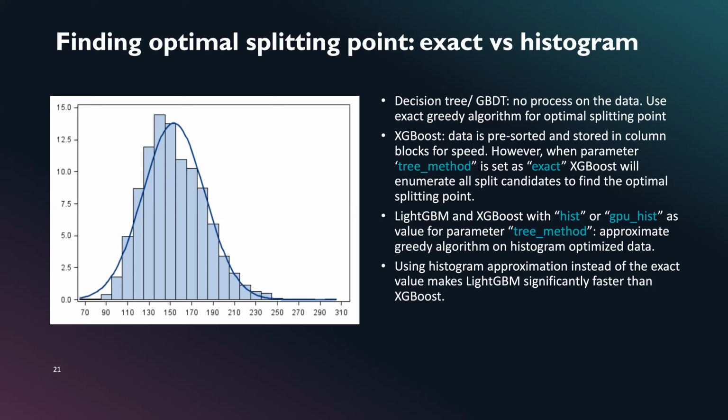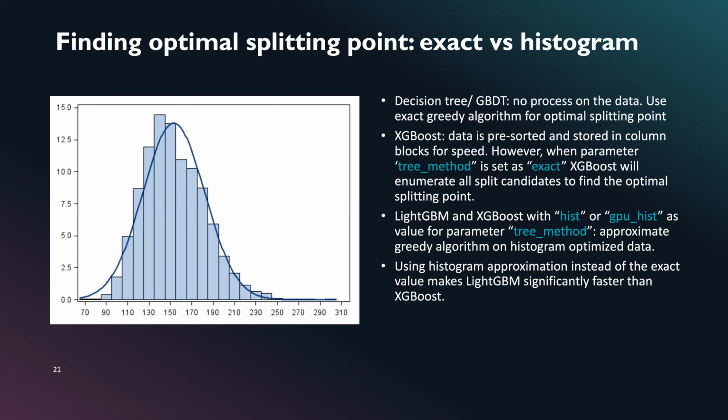If an income value is 100K and this one is 100K and 5, who cares about the difference, right? So it makes more sense to use the discretized value to represent the data.